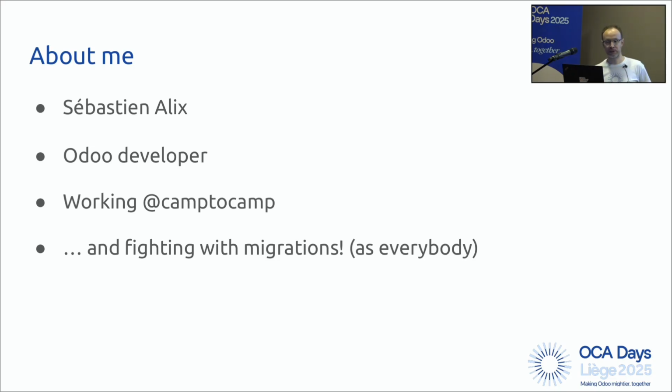So I will skip that one because Alexandre just introduced me. But yeah, since all these years, I'm still fighting with migrations, as everybody. So we are trying to create tools to improve this workflow.